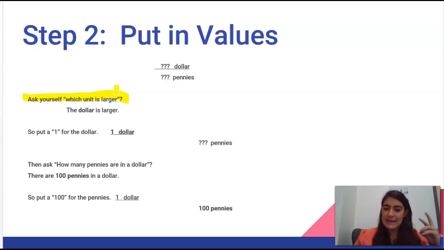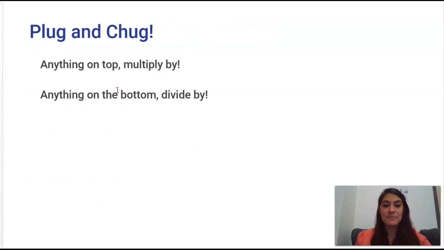Okay, so by taking the time to ask yourself for each conversion factor what is bigger, that will help you keep your brain straight. I promise. It may seem silly. Like, you guys know that there's 100 pennies in a dollar, not $100 in a penny. Something happens. We go to the paper and we're like, boom, $100 equals 1 penny. Okay, so take the time and ask yourself what's bigger.